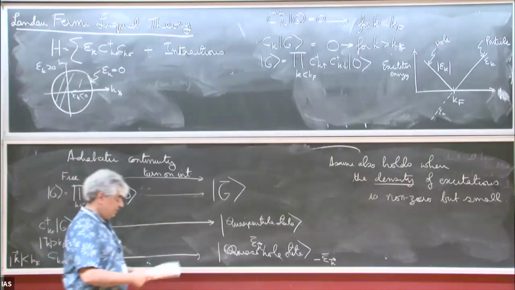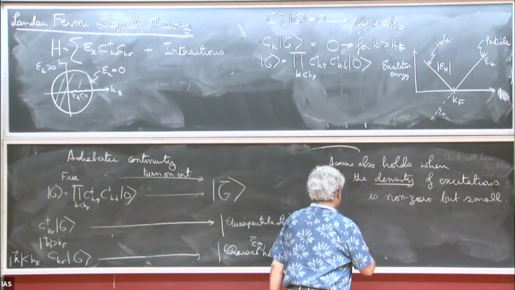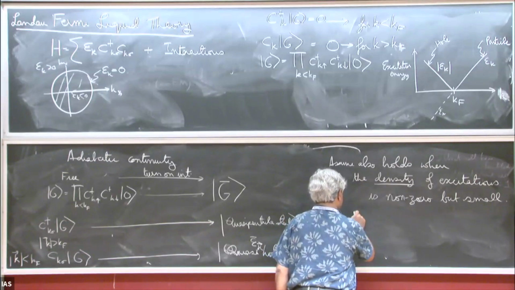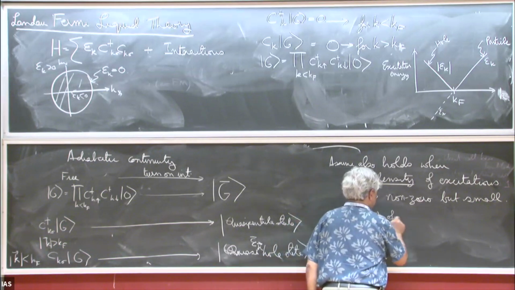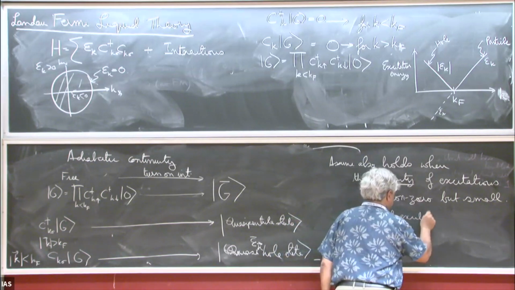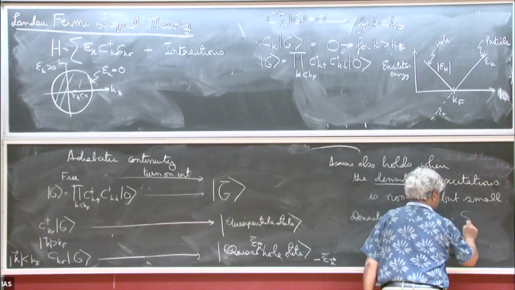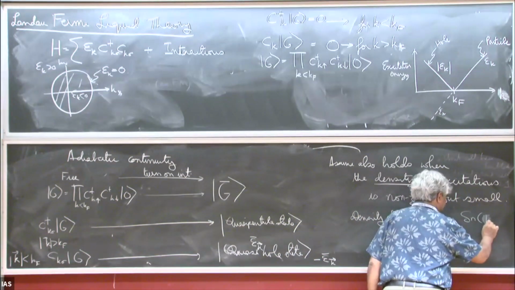All right, so what we need to talk about then is we're going to introduce a quantity called the density of excitation at momentum k, which I'm going to call delta n(k). Sorry, I've been using k today.